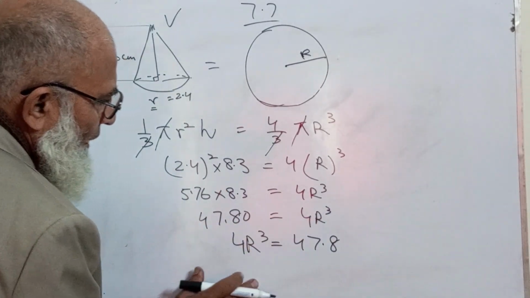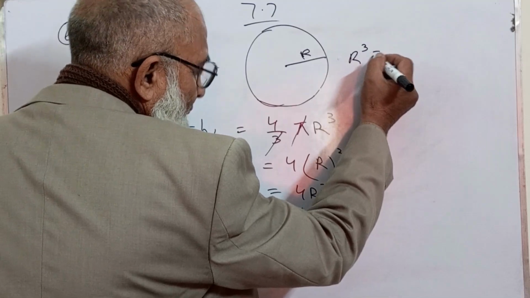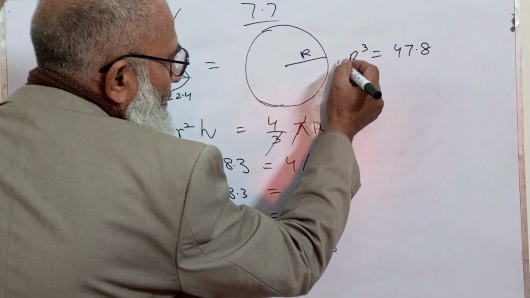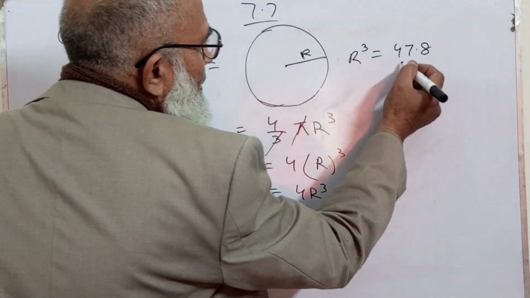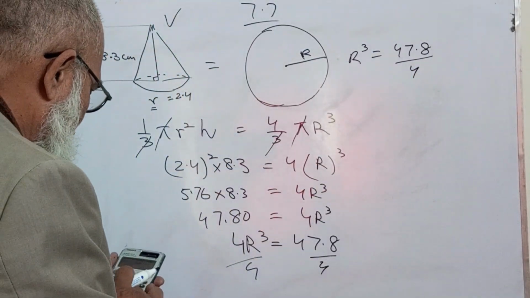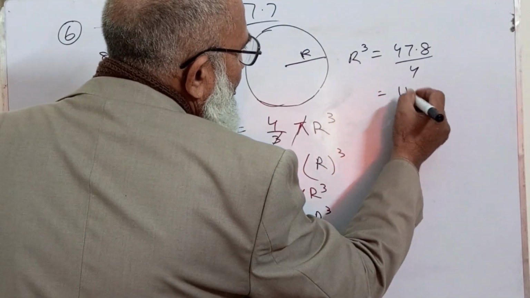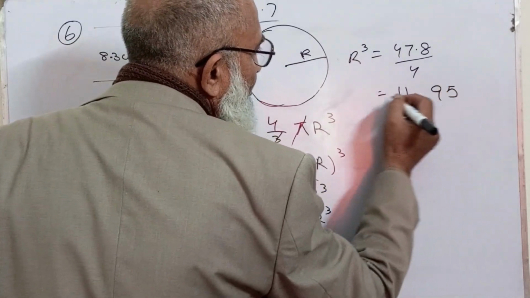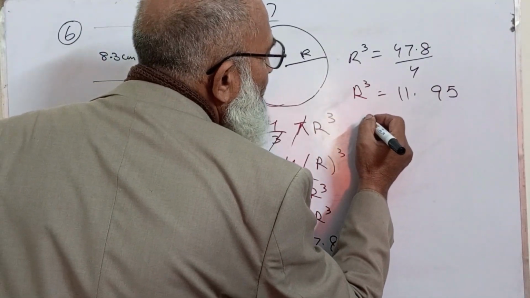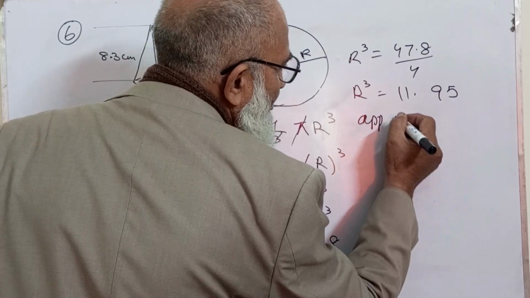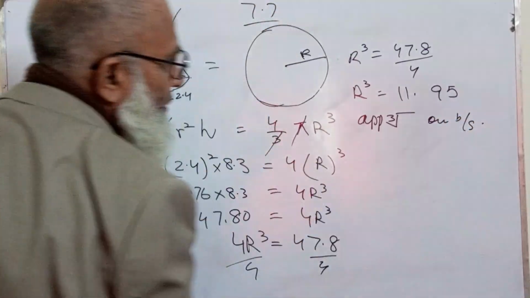Now this is r cube equals 47.8 divided by 4, so the 4 will come over here. 47.8 divided by 4 is 11.95. Now this is r cube, and we apply the cube root on both sides to remove this.